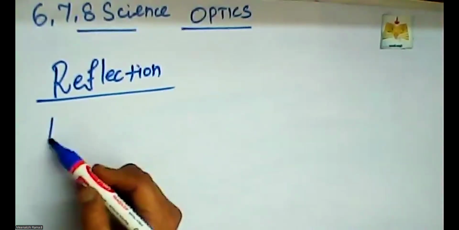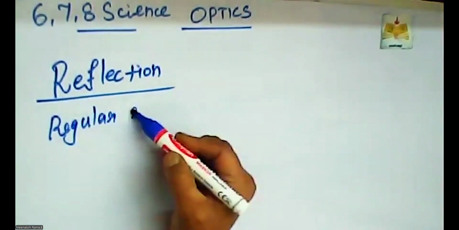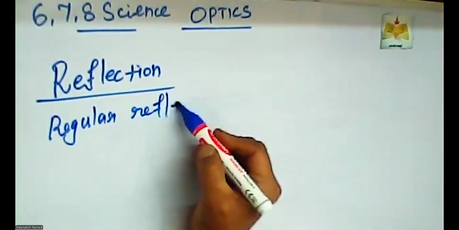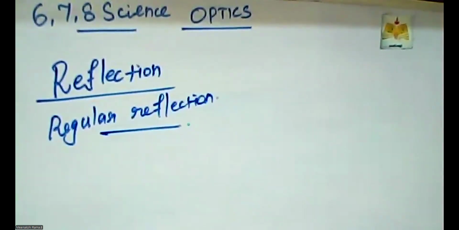Regular reflection means the surface is smooth. That is the main concept. The beam of light falls on the smooth surface. Just imagine, this is the smooth surface.